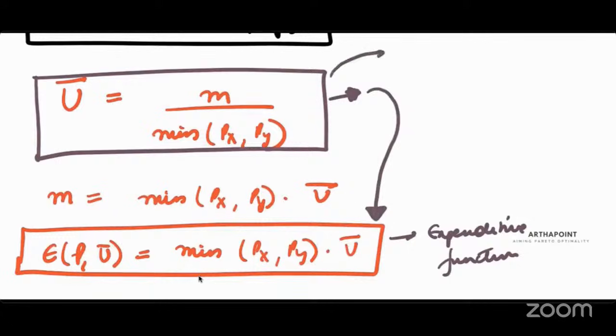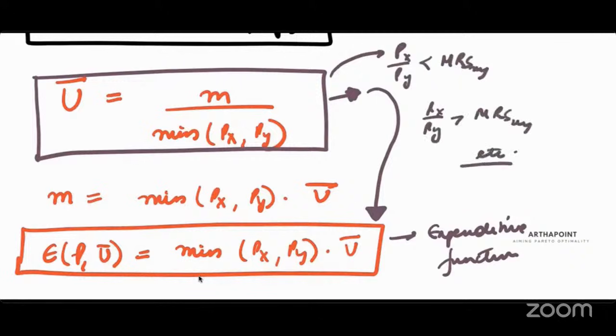But this in the background had various cases: Px by Py less than MRS, Px by Py greater than MRS, etc. You have to understand all these cases very well.